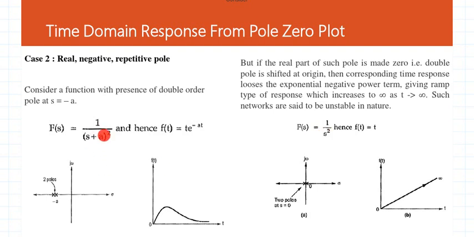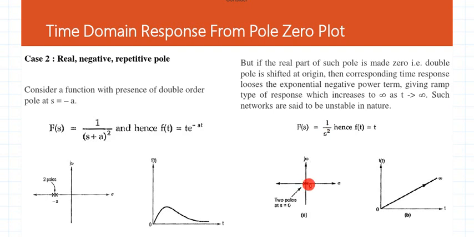As we move the poles to the origin, the term a becomes 0. So the transfer function simply reduces to 1 by s squared. Equating the denominator to 0, s squared equals 0 indicates that there are two poles at the origin.